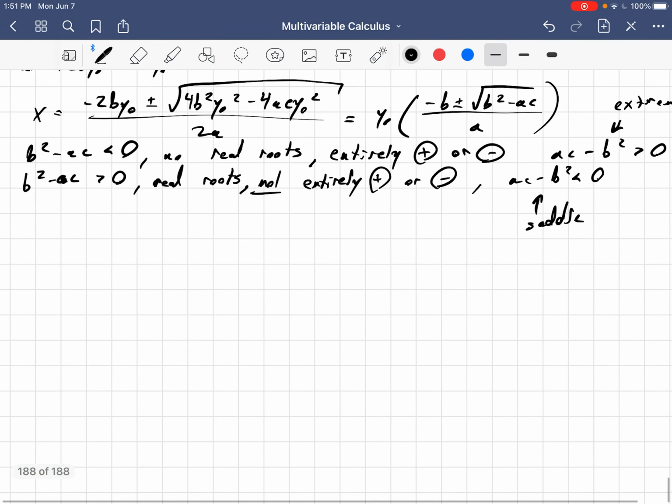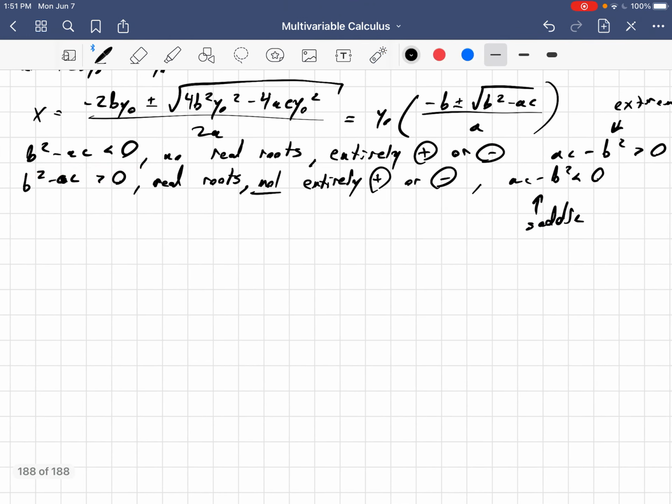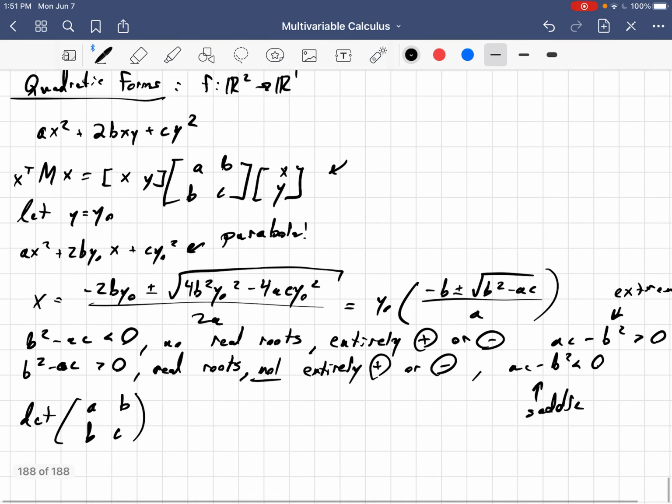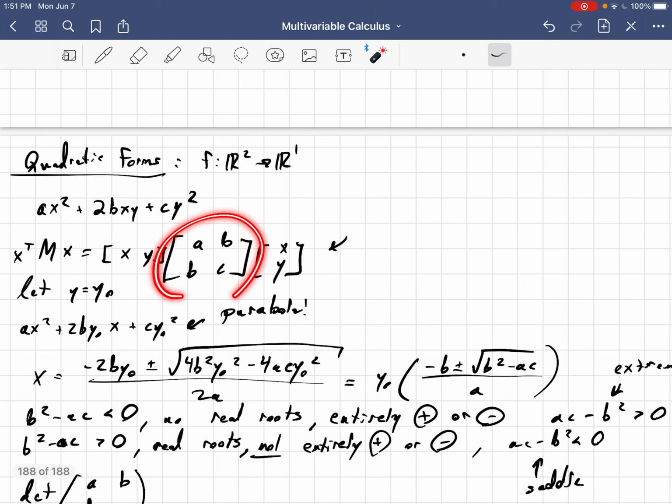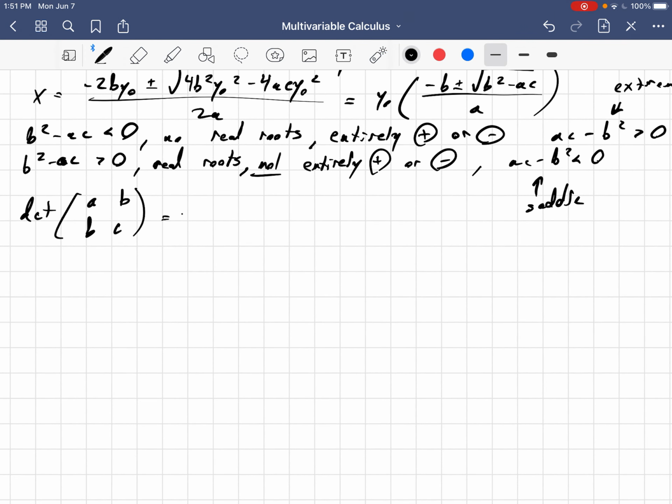So why did I go through the trouble of mentioning ac minus b squared instead of b squared minus ac? Well, because the determinant of the matrix [a, b; b, c], which, by the way, was defining the quadratic form, is ac minus b squared.